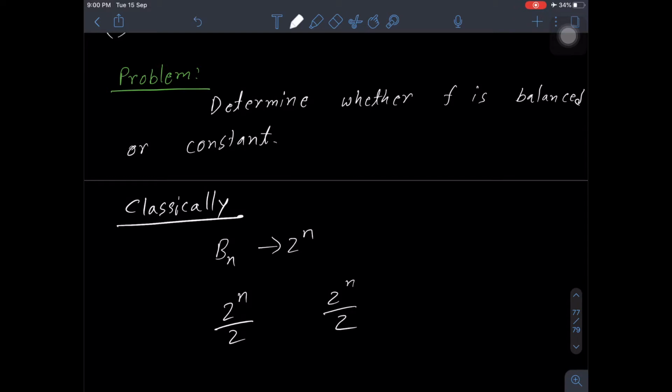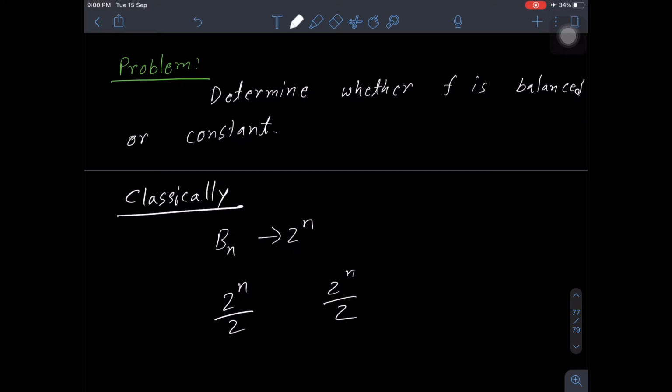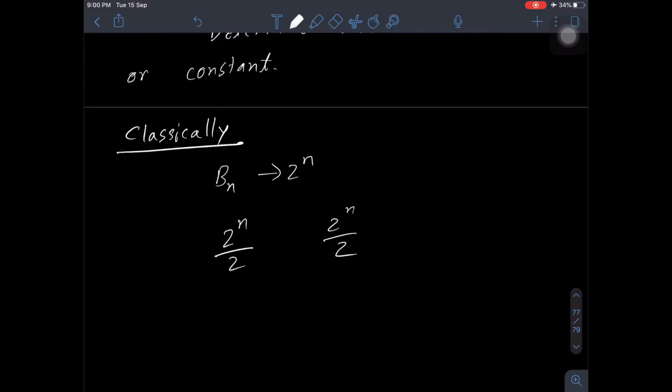You have to split it into two parts. So the query complexity means the worst possible number of tries after which you are 100% certain whether it's a balanced or a constant function.